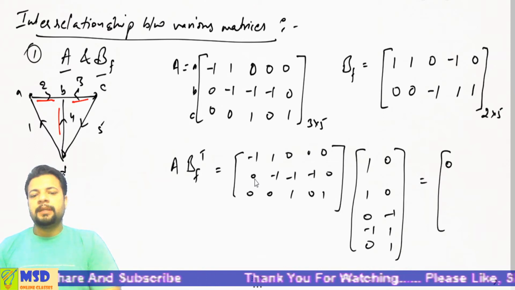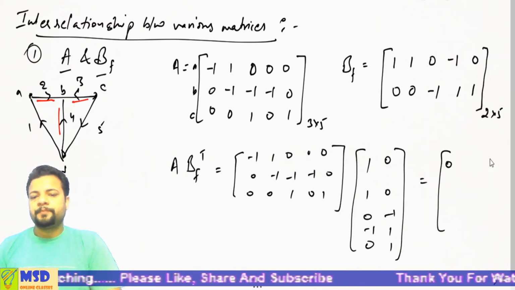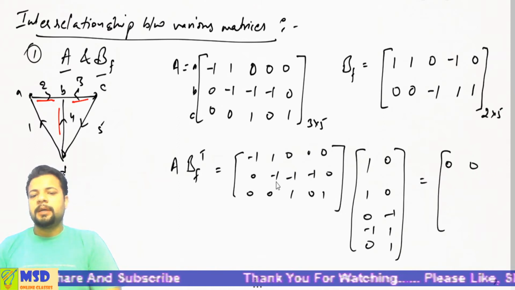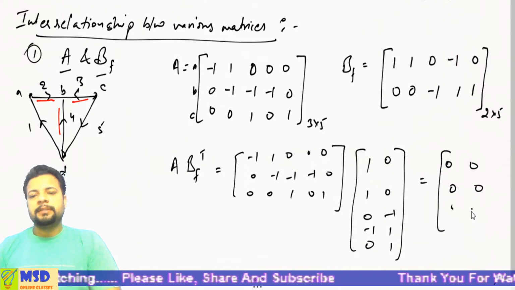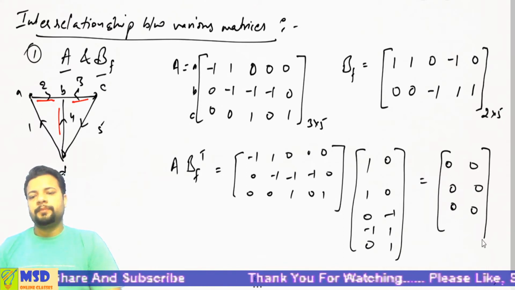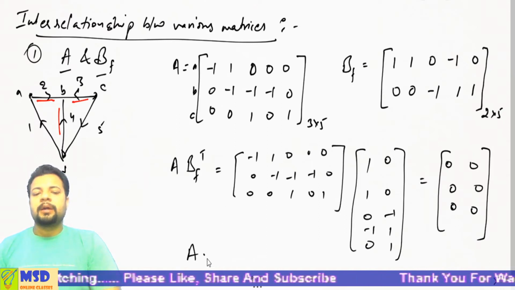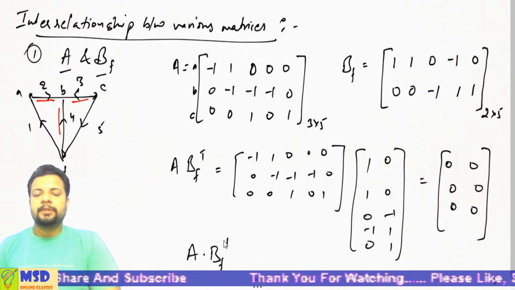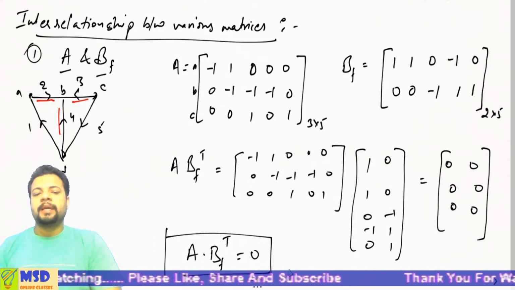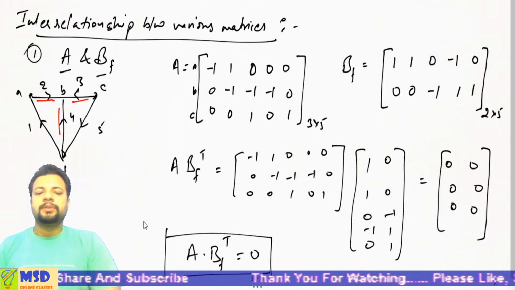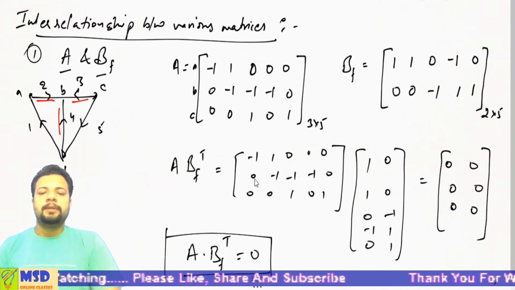Similarly, multiplying this row with this column, I get again 0. Again, multiplying this row with these two columns, I'll get 0 and 0. Thus, I can say that these two matrices are orthogonal to each other because their product equals 0. So this is the first conclusion, that A and BF matrices are orthogonal.